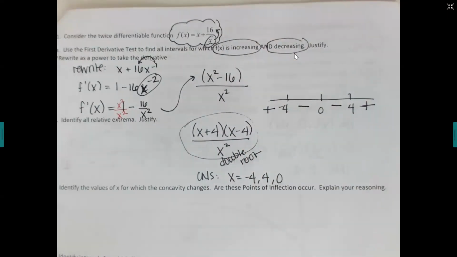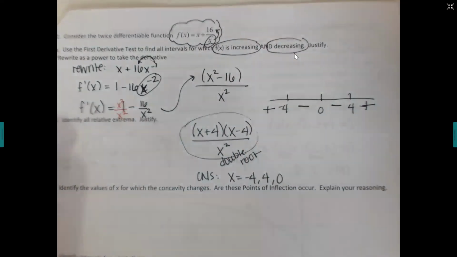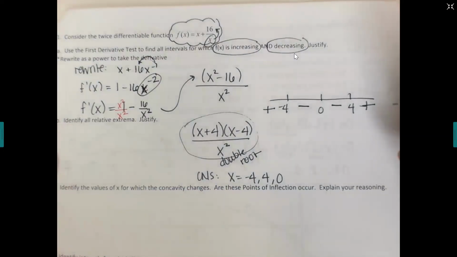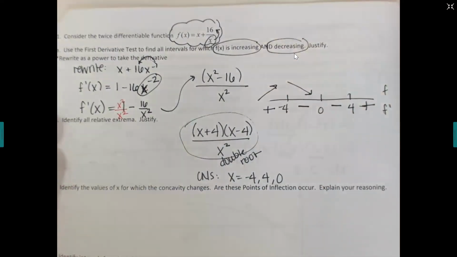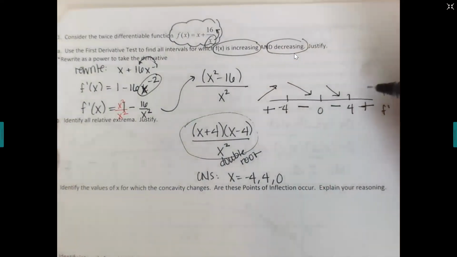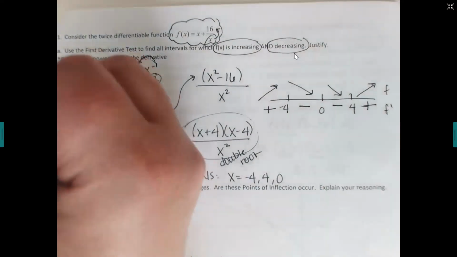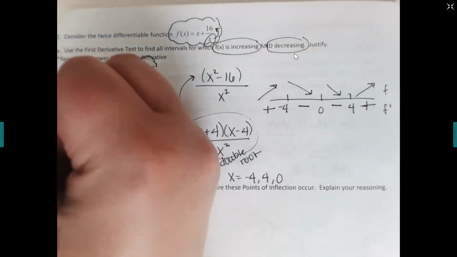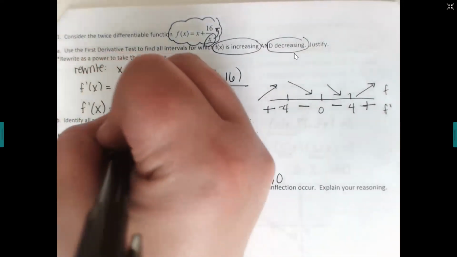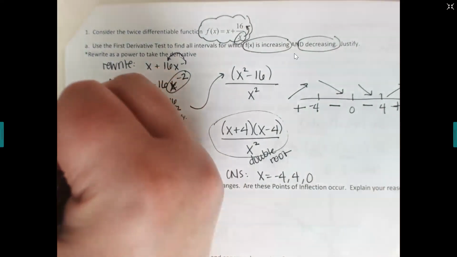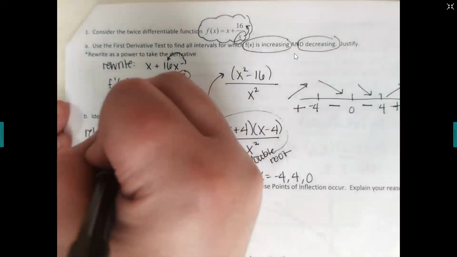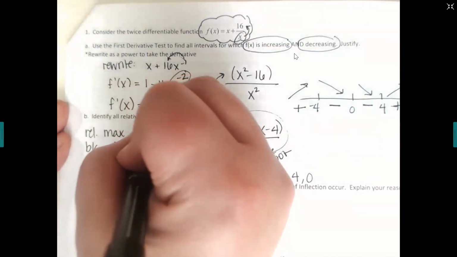So then it says, where are my extrema? Well, at -4, what type will it be? It'll be a max because it goes from plus to minus. What about at 4? It'll be a min. So you'd say you have a relative max at x equals -4, because since it says justify, f prime changes from plus to minus.